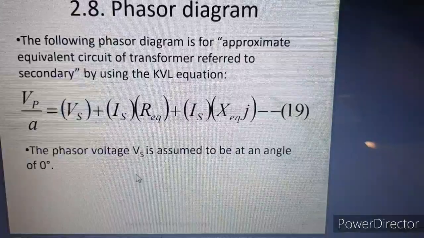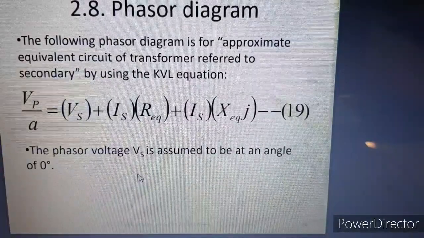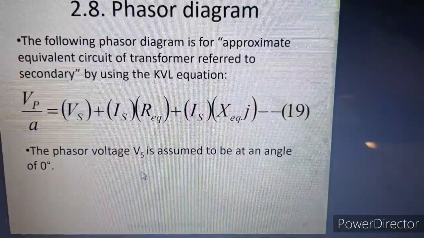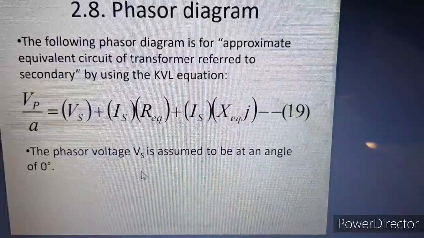We are more interested in knowing the shape, the angle of your phasor.